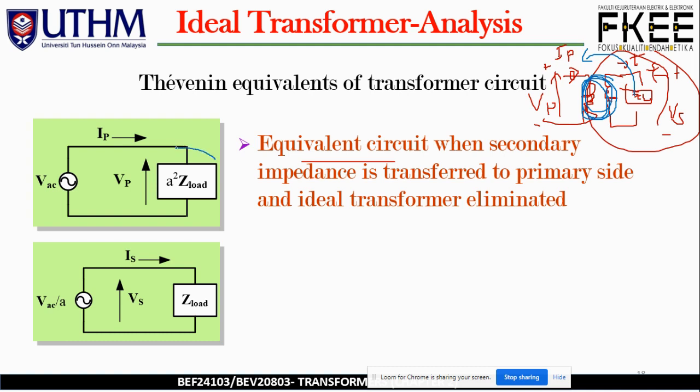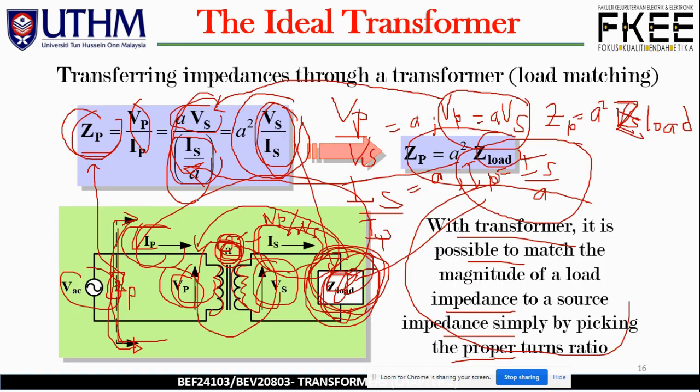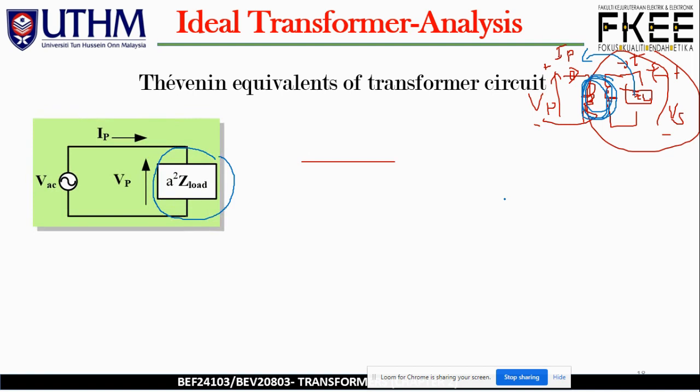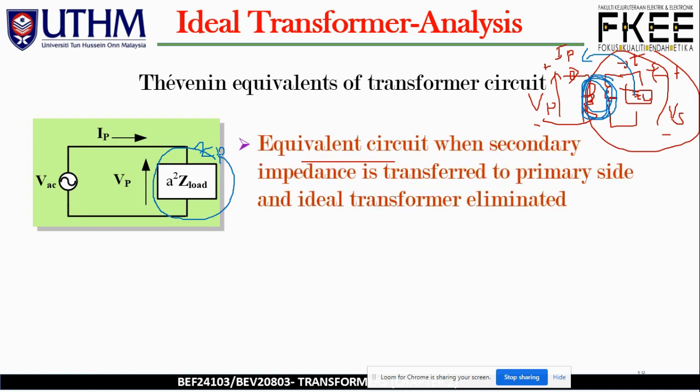Now we have the new Z load, which is A squared Z load. This is proven here. So we do have a new ZP in this particular equivalent circuit.